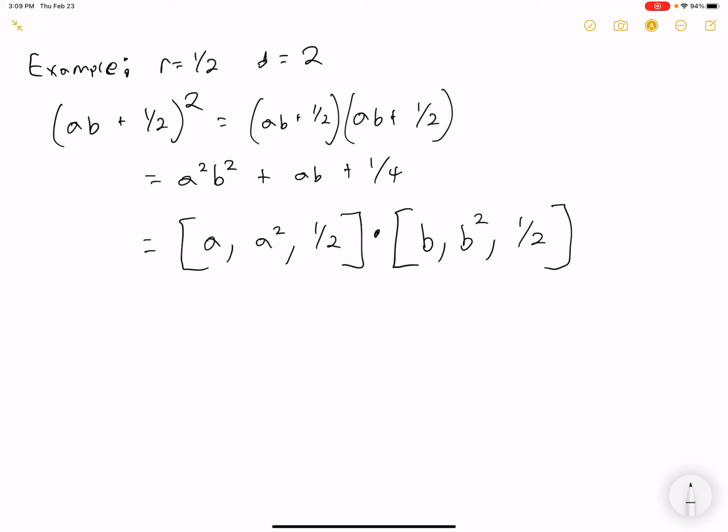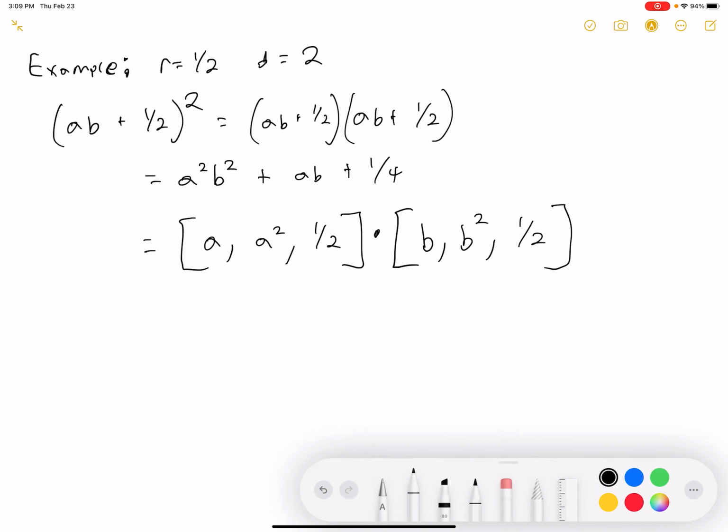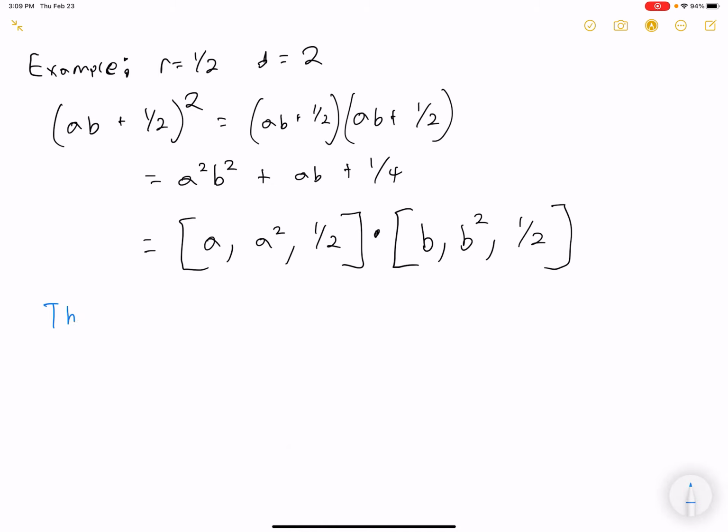And thus xi, xi squared, 1/2 is the coordinate in the higher dimension.